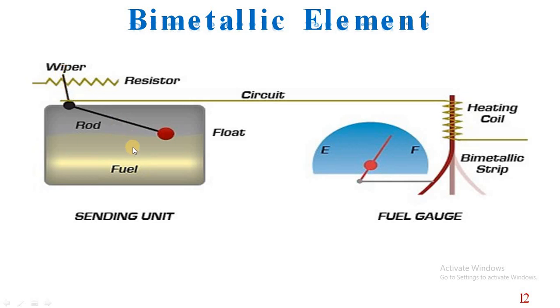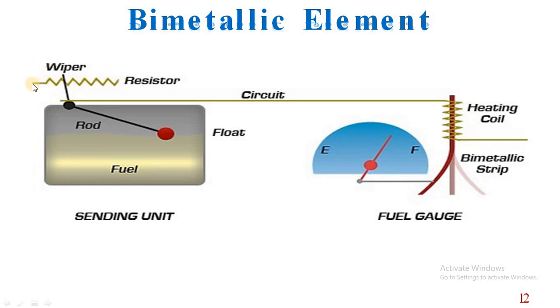If we consider the tank is full, then this float will rise upward, as a result of which this wiper will turn towards the left. Now we can see that here is the resistor. The resistor will oppose the flow of current, but if the wiper is at the extreme left position, then the current will not flow through this resistor.